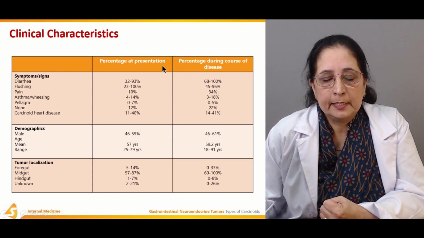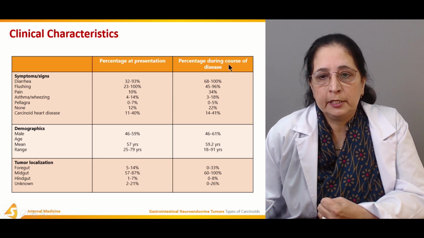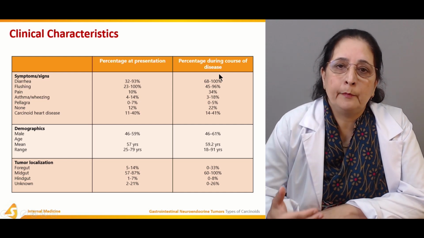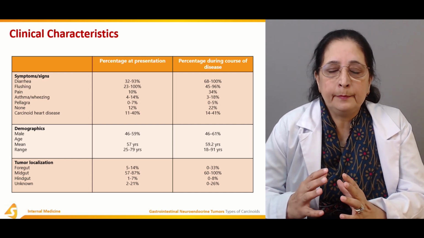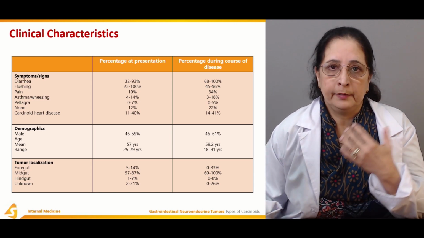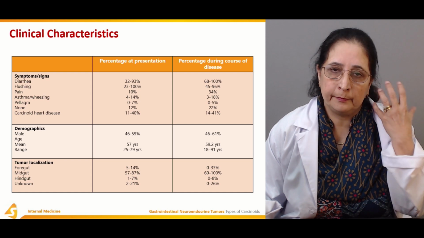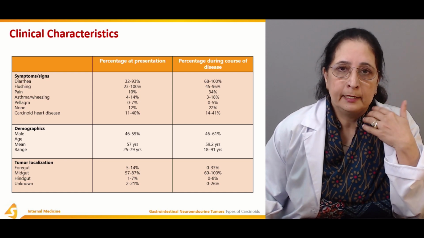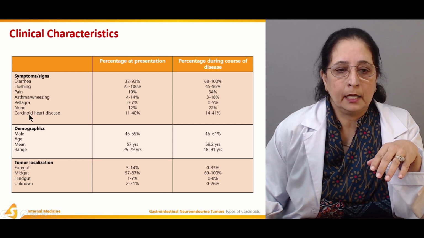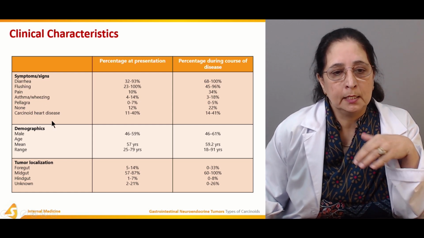Percentages are given at presentation and during the course of the disease. Flushing, a flushed red face, is very common, along with diarrhea, pain, asthma, wheezing, and carcinoid heart disease.